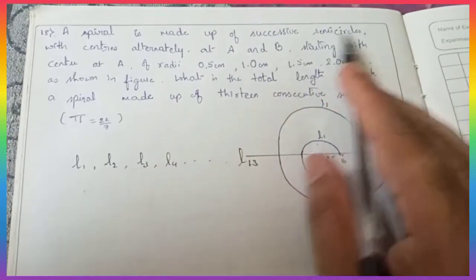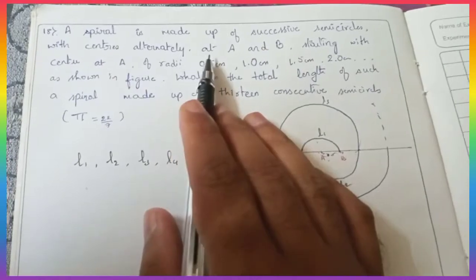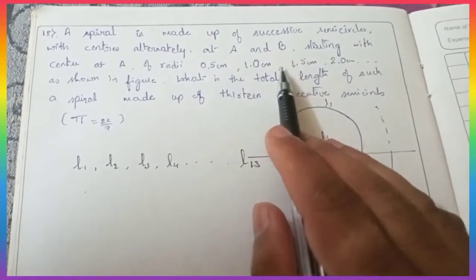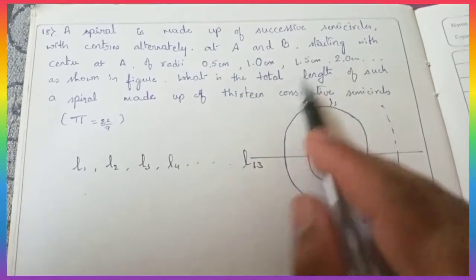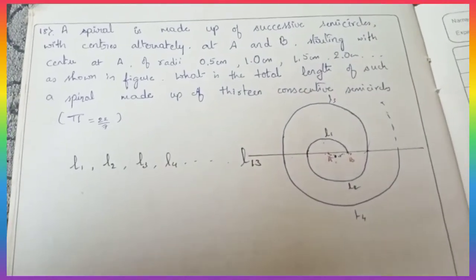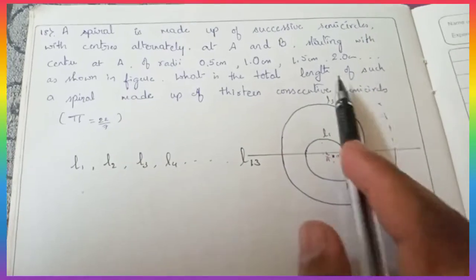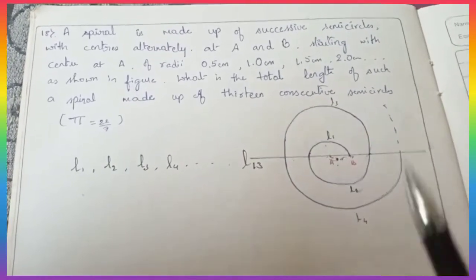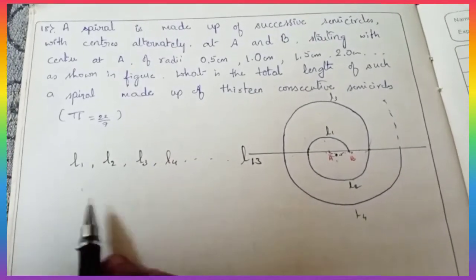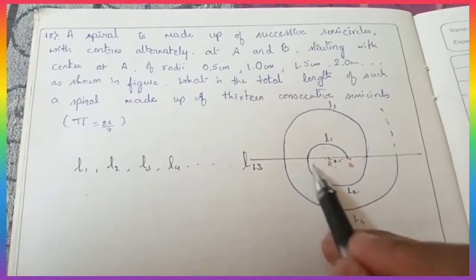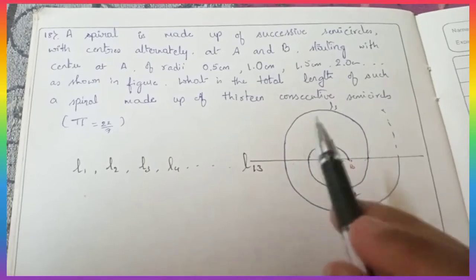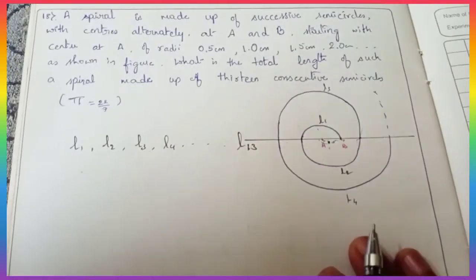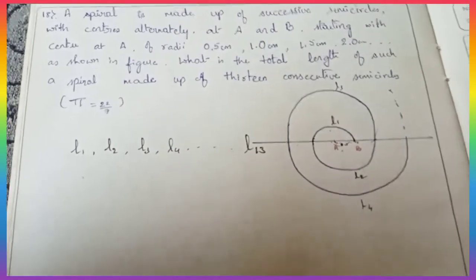Because they are saying that it is a semicircle with alternate centers A and B, and they have given the measurement of the radii also, we need to find out the total length of the spiral of those 13 consecutive semicircles. So length of the first semicircle, second semicircle, third semicircle, like that up to the 13th semicircle, we need to add, and then we find the total length of the spiral.